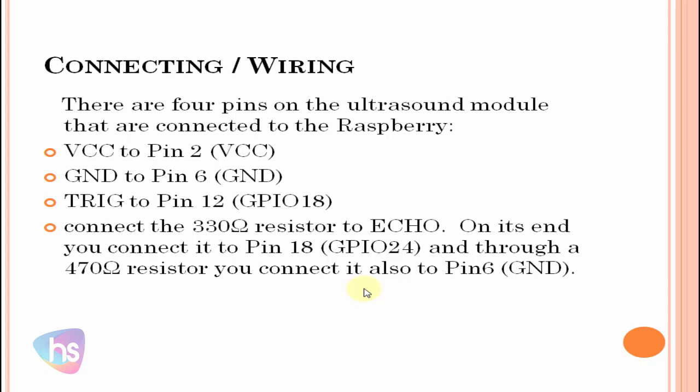Now see here: VCC to pin 2, GND to pin 6, and TRIG to pin 12, which is GPIO 18. Echo is connected through a 330 ohm resistor to GPIO 24, the GPIO board pin. And through a 470 ohm resistor, you connect it also to pin 6, the ground, GND.